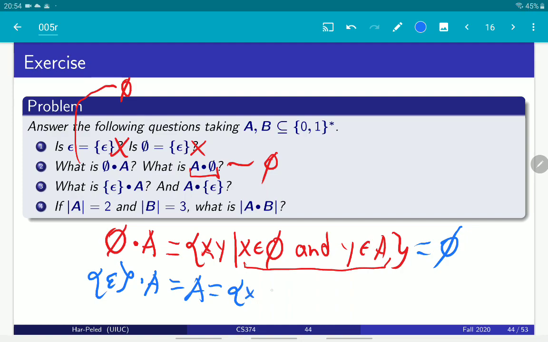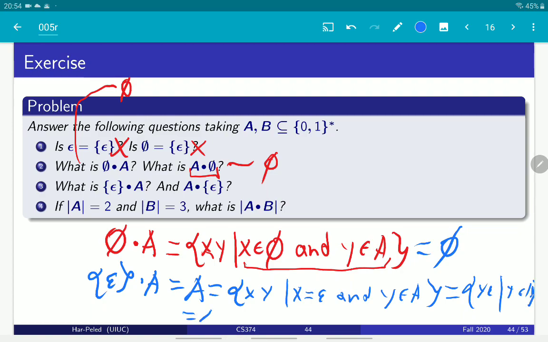It's xy, where in our case the first set has only epsilon, so x is always equal to epsilon, and y is in A, which means that xy is just going to be epsilon y, y in A, which is of course just A. And of course the same argumentation applies to the symmetric question.